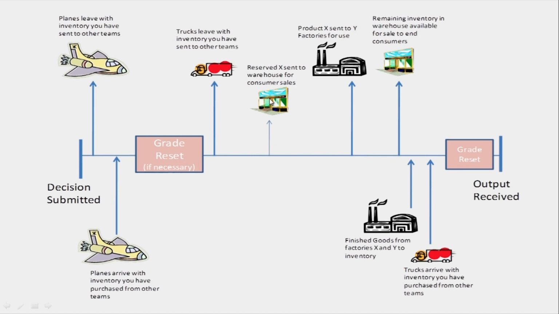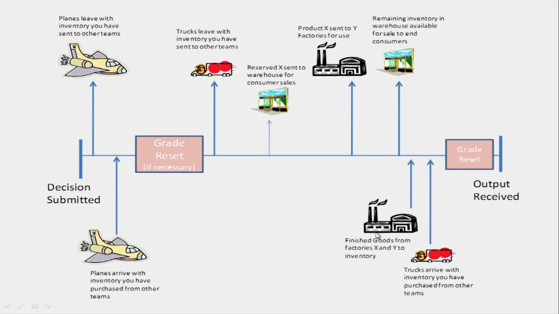Then reserved X is sent to your warehouse for consumer sales. So what that does is it reserves it in your warehouse so that it's available for consumer sales, which happens later. The next thing that happens is your X is sent to your Y factories for use. And then anything that's left over in the warehouse is made available for sale to end consumers, provided that you set a particular price for that.